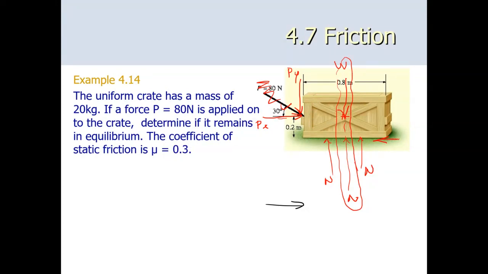I mean, you have these two forces, Px and F, they make a clockwise rotation. So how is this clockwise rotation being canceled? You only can cancel this by a couple, right? So F, Px, they're making a couple, a clockwise couple. So the only way that couple can be contracted is by another couple.